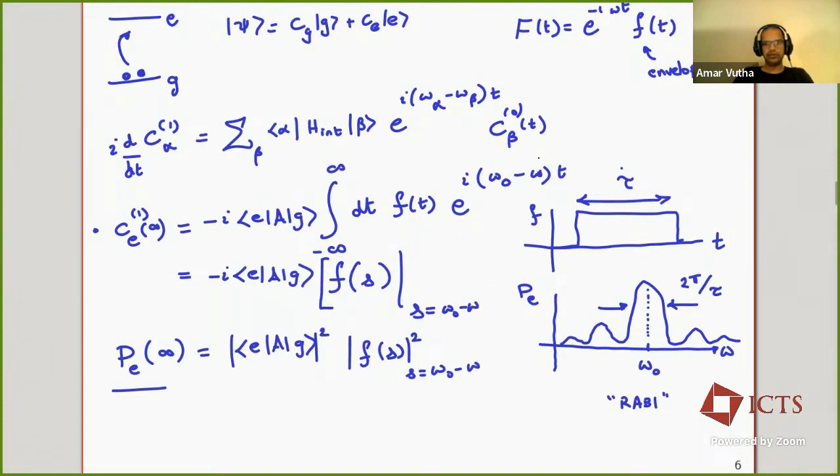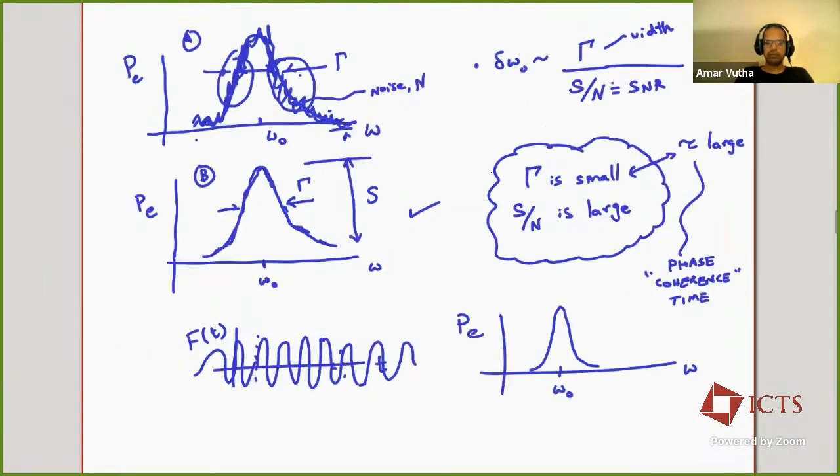And in some sense, this thing up in the exponential encapsulates this essential idea that you need the atom and the field to be evolving together in phase with each other. Okay, so there can be many reasons why lines get broadened, but as an experimentalist, your task is going to be to try to make the phase coherence time as long as possible.